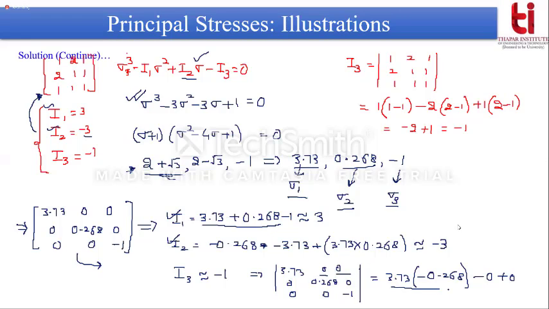So the multiplication of this will give you I3.